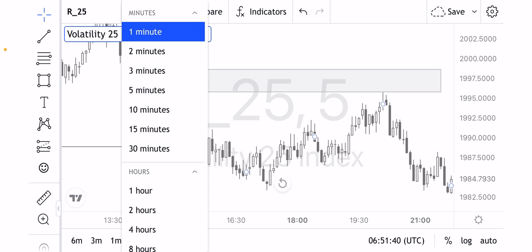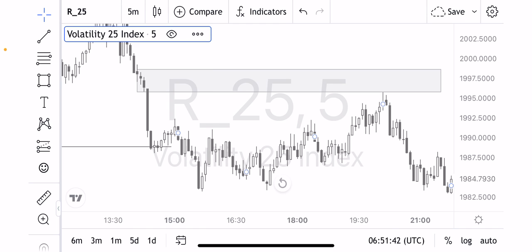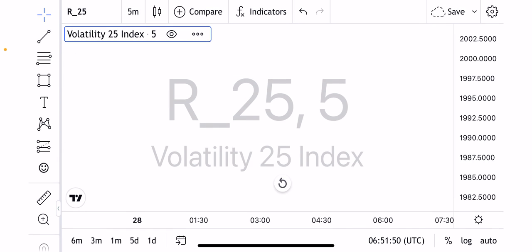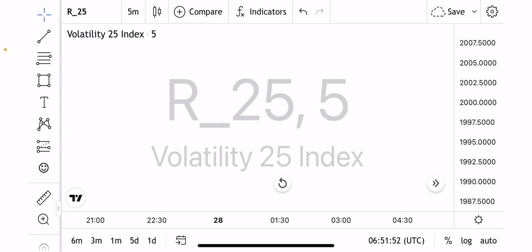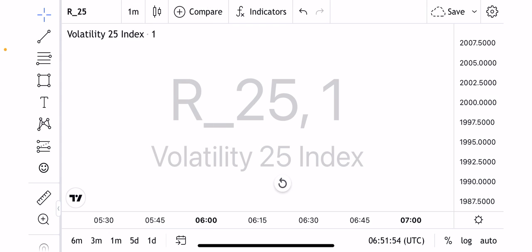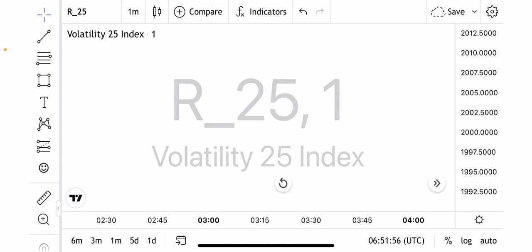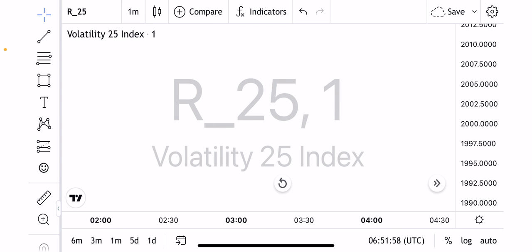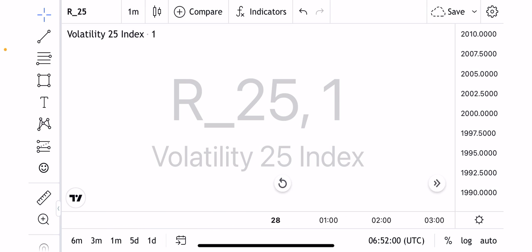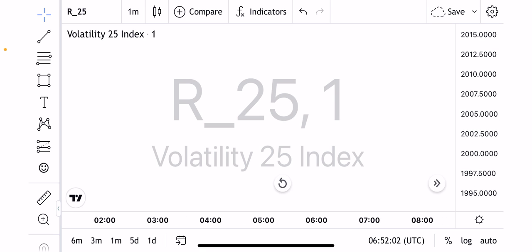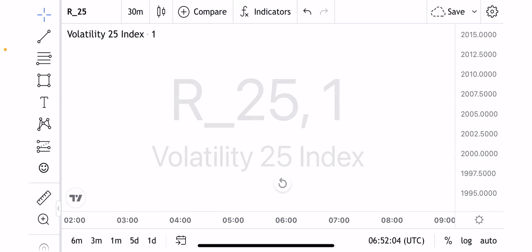Okay, the 1 minute is actually not loading, guys, and I won't want to take so much of the time here. Let's try it again. It's not loading up.